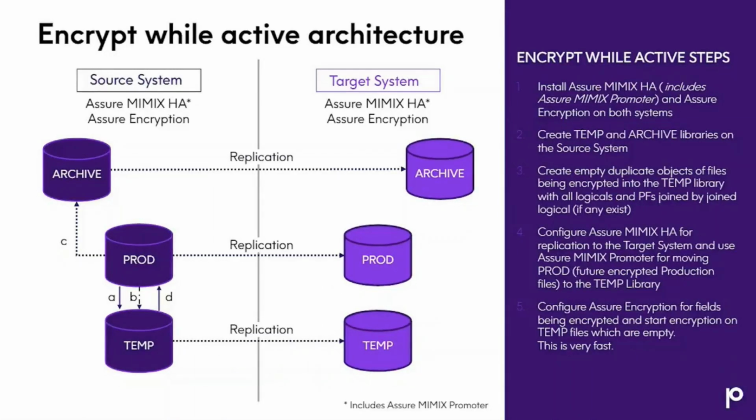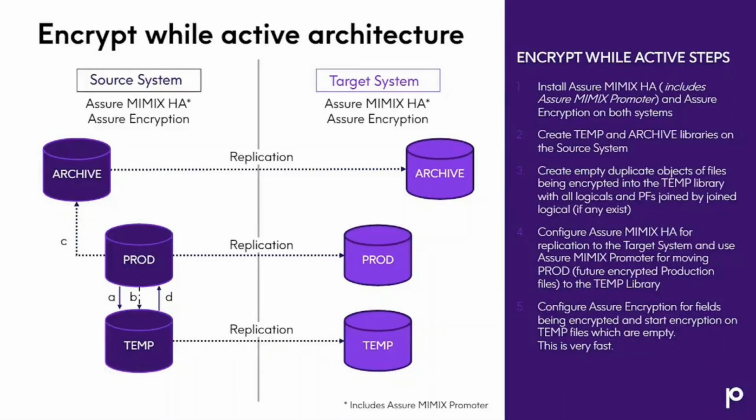We can't lose sight of that within our encryption project. So we want to make sure that the temporary file is replicated as well and protected, so that when we cut over that encrypted file, it is switch ready, just like any other file.